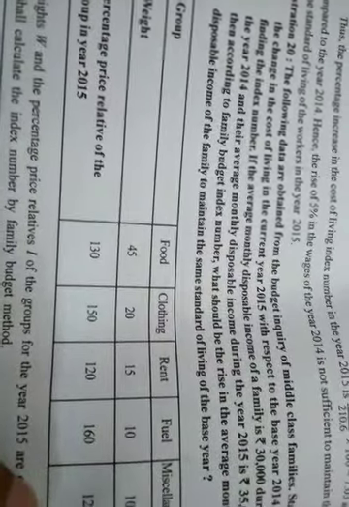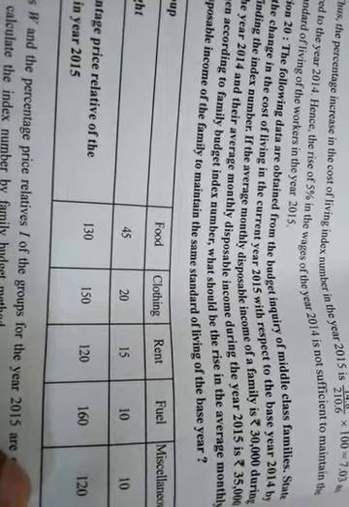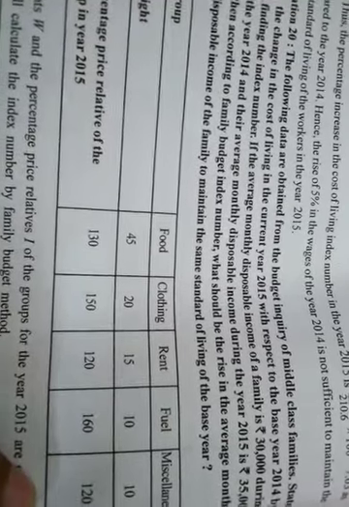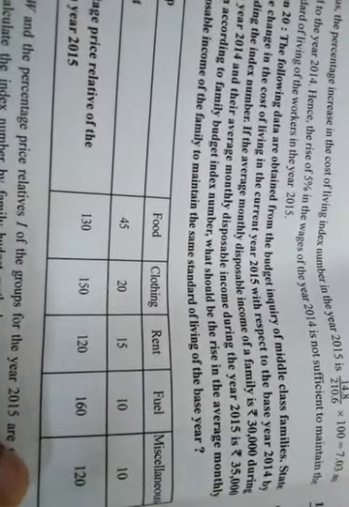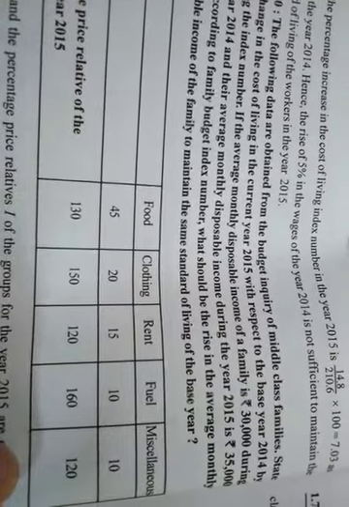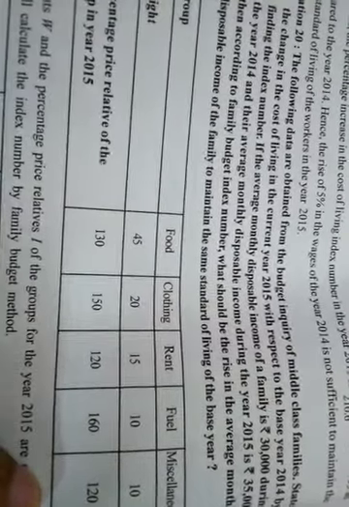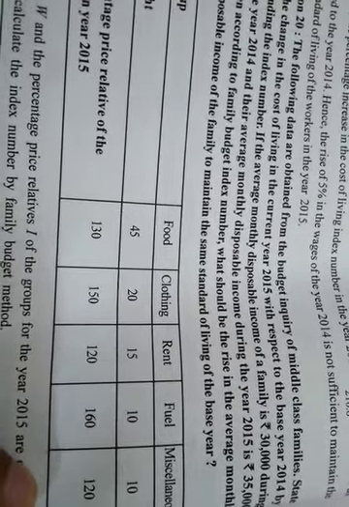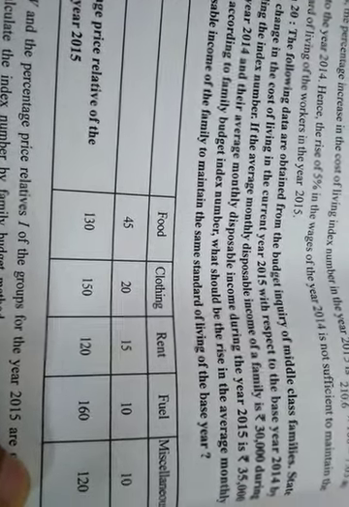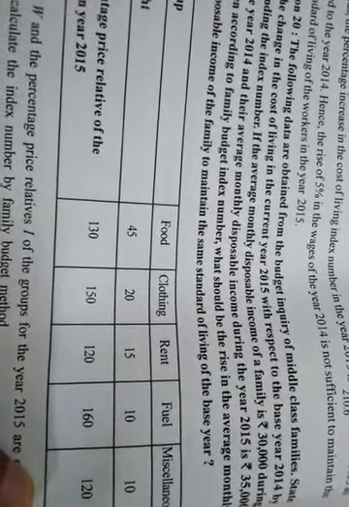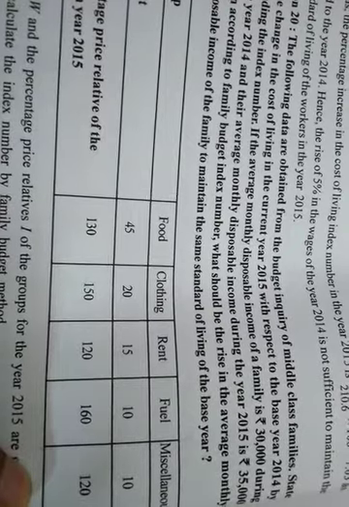If the average monthly disposable income of the family is 30,000 rupees during 2014 and 35,000 rupees during 2015, then according to the family budget index number, what should be the rise in the average monthly disposable income of the family to maintain the same standard of living of the base year?